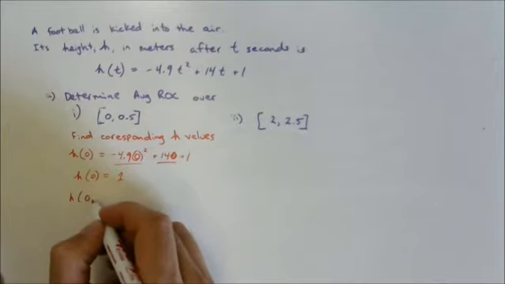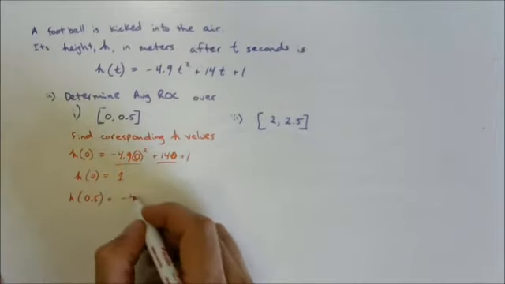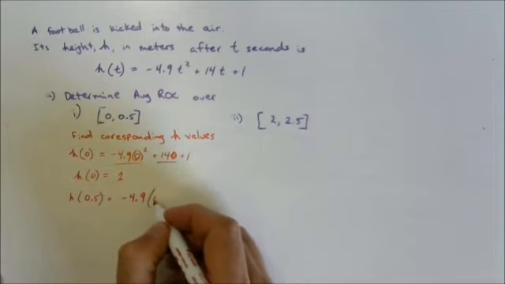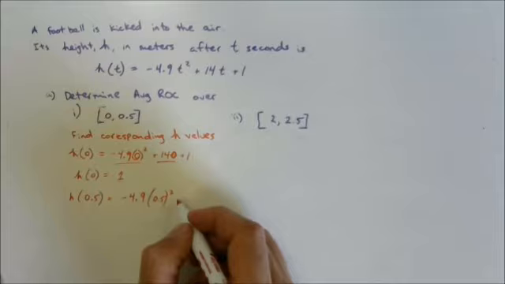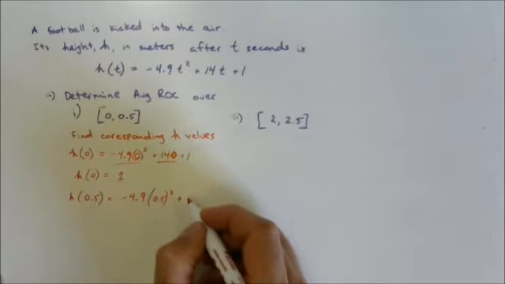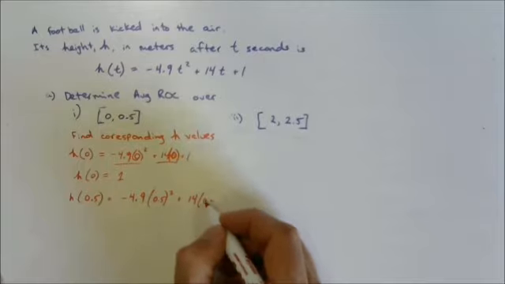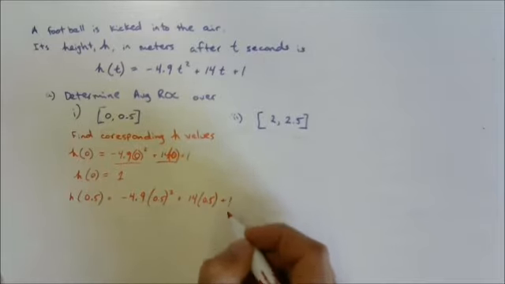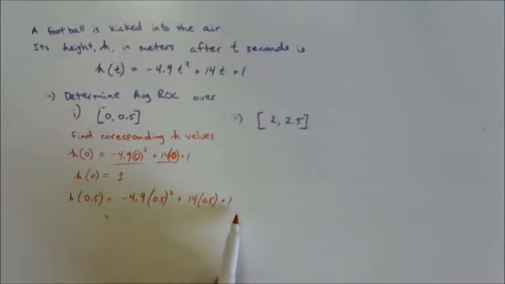What about for h at 0.5? That means everywhere I see a t in the equation, I'm going to sub in a 0.5 in order to find out what the height of the ball is at 0.5 seconds. You can put this whole stretch in your calculator.